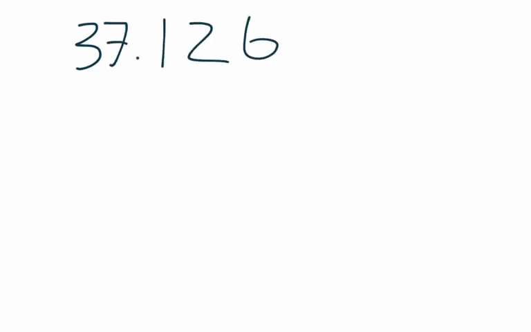So if you had 37.12126 and you were asked to round to 2 decimal places, that's another way of saying that this digit right here. Here's the first decimal place, there's the second decimal place, and so that would round to 37.13.